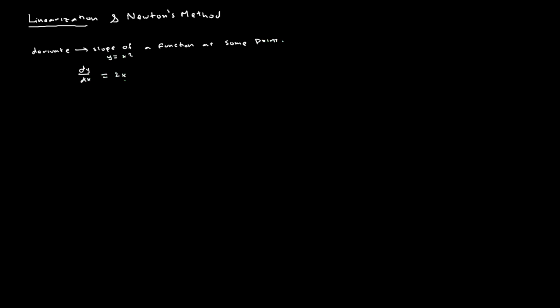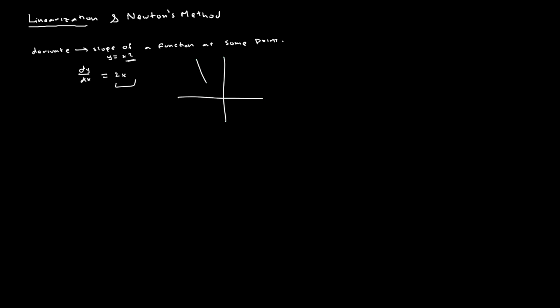And so now we have a function that represents the slope of x squared for every point in x. And this motivates the idea that if we're given the slope of the function, let me just utilize the x squared example.